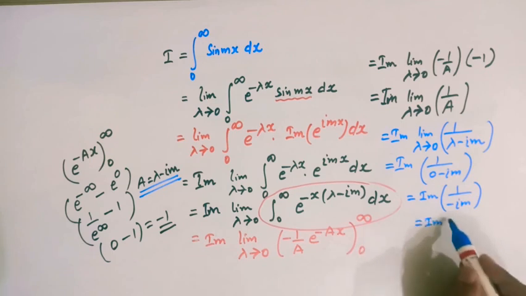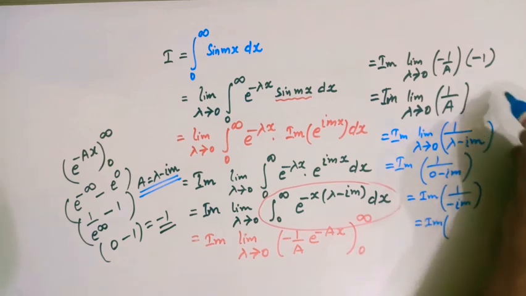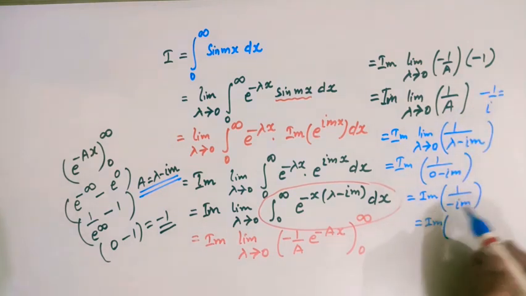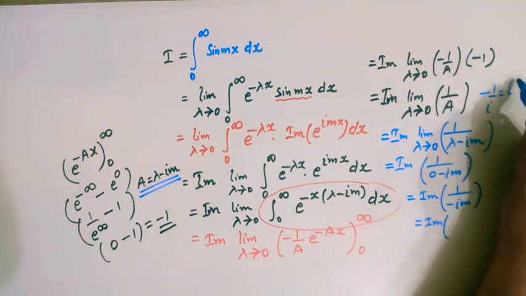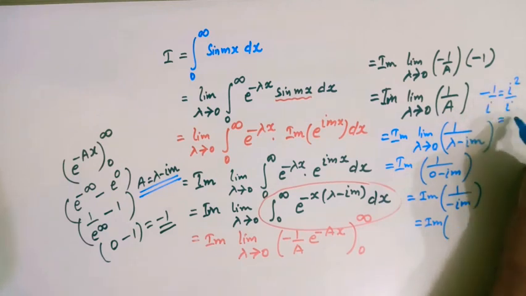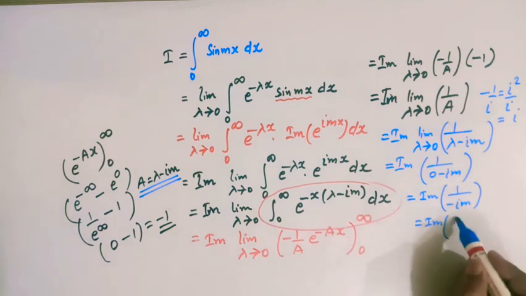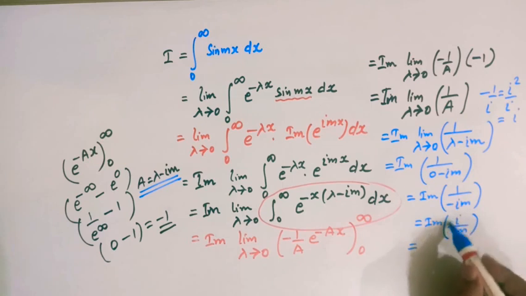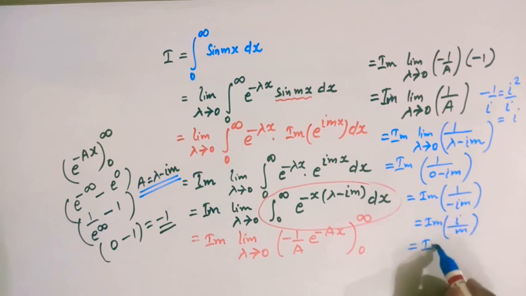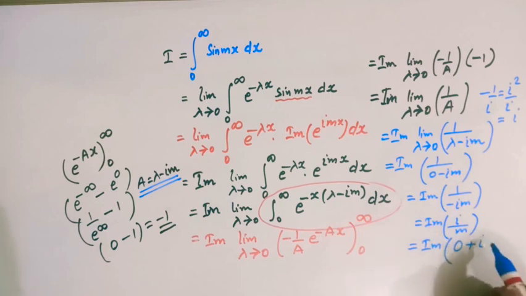This can be written as iota squared over iota, so we simply have iota over m. Now we can express this complex number in standard form: the imaginary part of 0 plus iota times 1 over m.